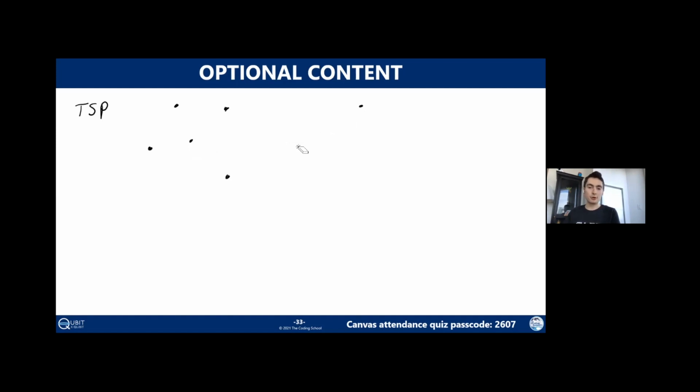Now, this problem can be broken down into two parts. The first part is constraints. Constraints are properties that have to be true of the solution. In this case, the most obvious constraint is that the salesperson has to visit every city. That's the only constraint here.